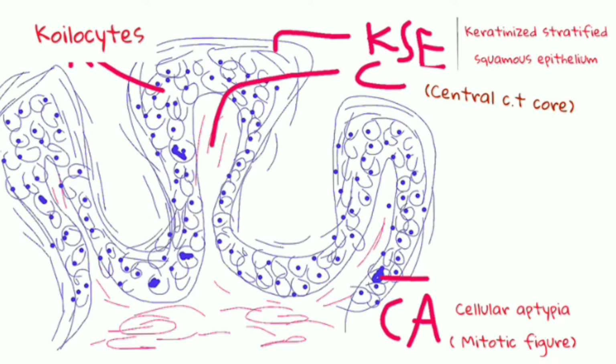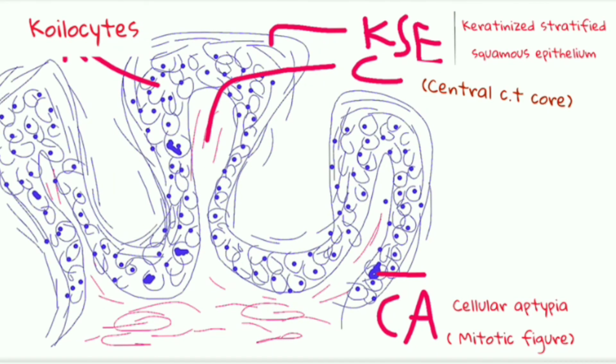Now let's see the histopathological features with the help of this diagram. As you can see in this picture, the outermost keratinized layer is seen, that is keratinized stratified squamous epithelium. All this central area are nothing but the central core of connective tissue seen in between those finger-like projections.